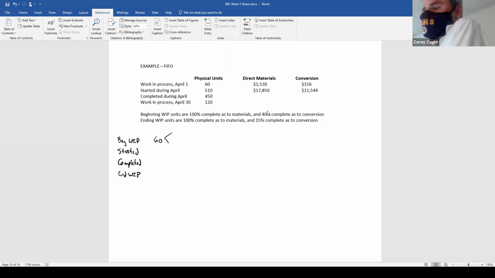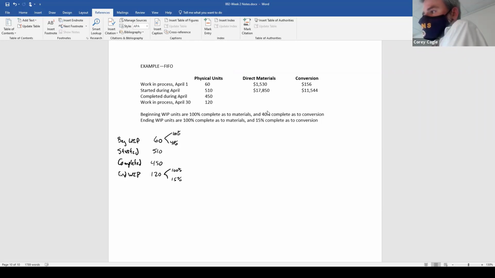We need to know that. 40% converted. 510 units started. 450 units completed. 120 units still in process. Those are 100% complete on materials. 15% converted. That's it for step 1.